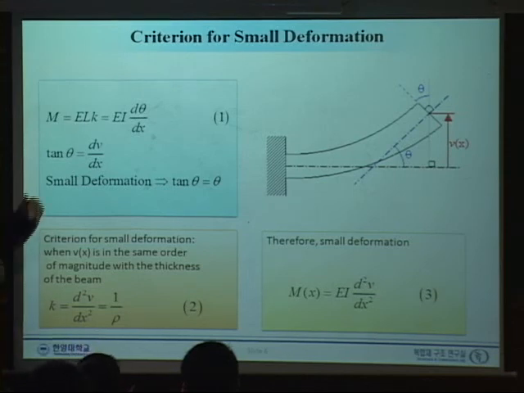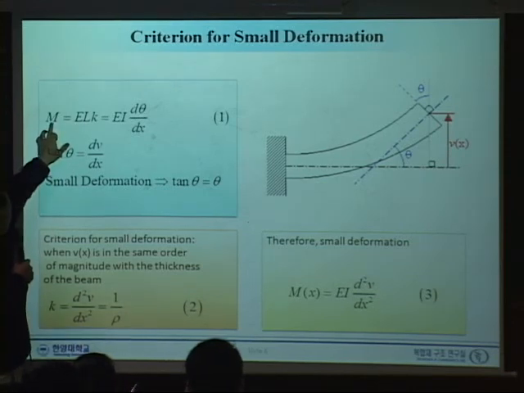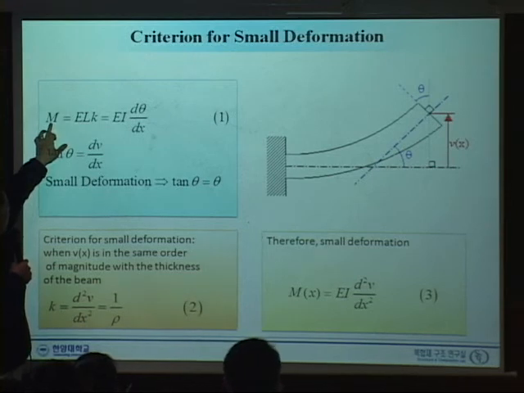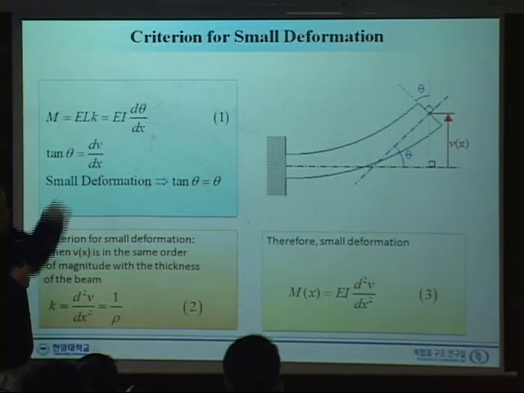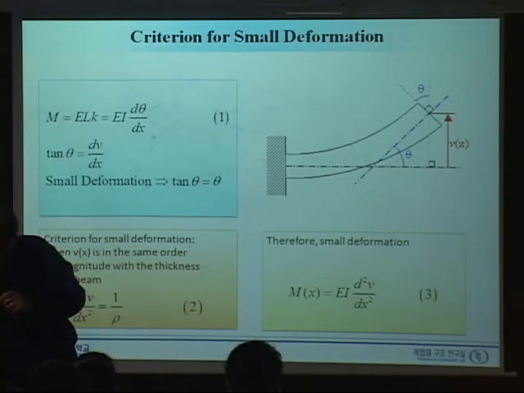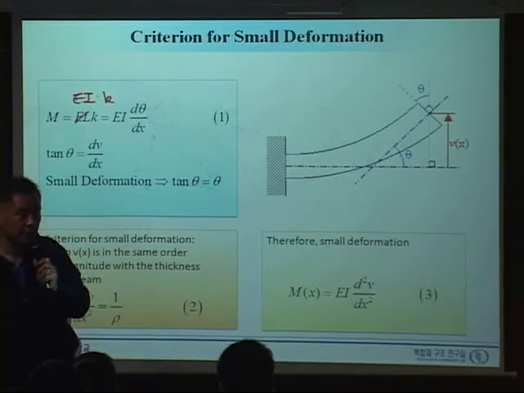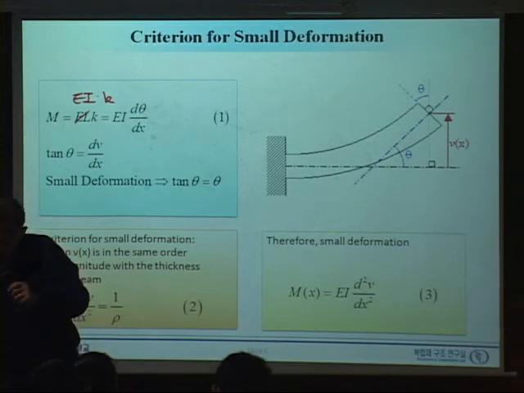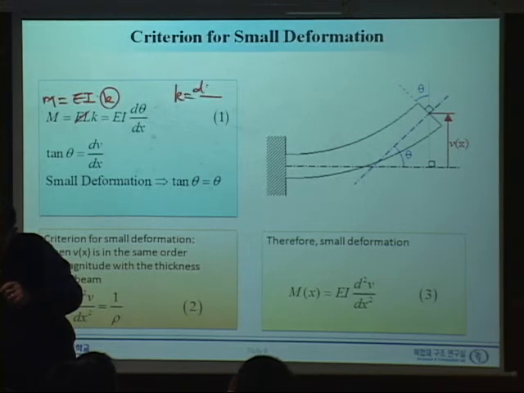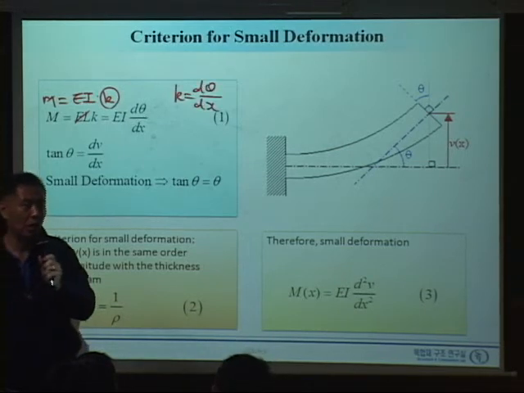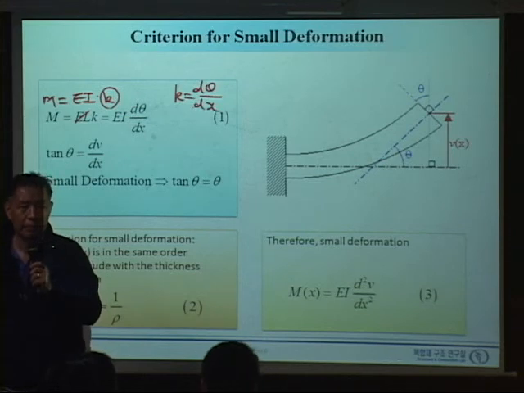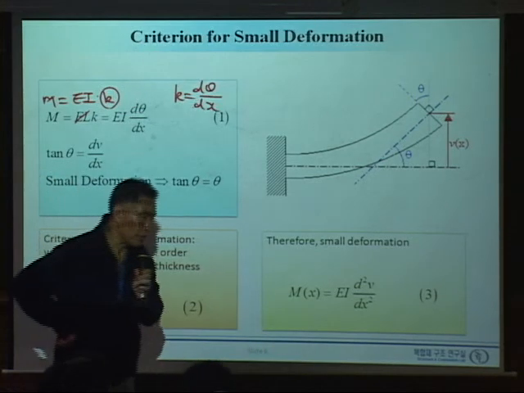And last time we learned about the relation between moment and curvature: moment equals EI times curvature, right? And curvature is given as the rate of rotation, right? Rate of rotation.